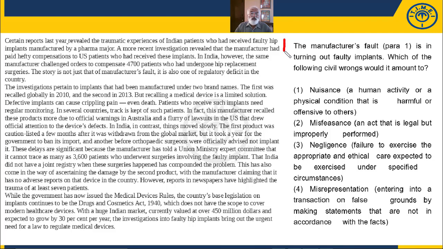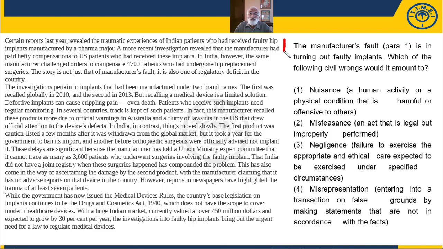Is it negligence, failure to exercise the appropriate and ethical care expected to be exercised under specific circumstances? Now, we are talking here about an implant. We did discuss that an implant is something that actually goes into somebody's body and is going to be fixed there permanently. If something is going to go into somebody's body, then there has to be a great amount of care put into its manufacture, because if it's not properly designed, if it is somewhat not properly finished, if the materials used are not suitable, then it will actually harm the person.